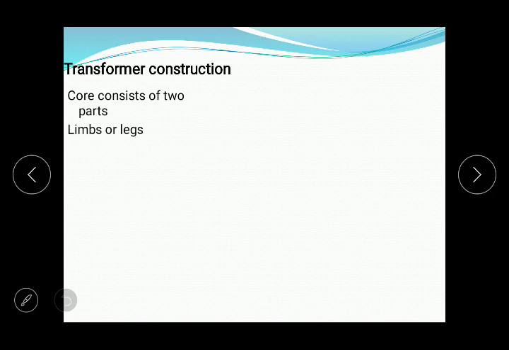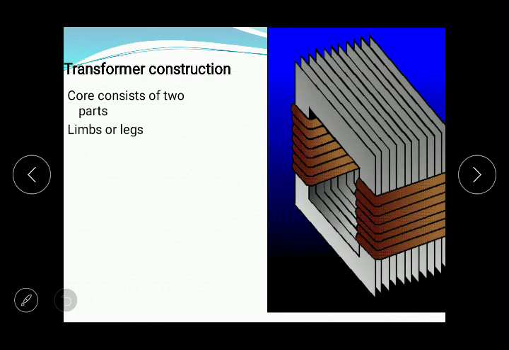Here, transformer construction: the core consists of two parts. These are called limbs or legs.